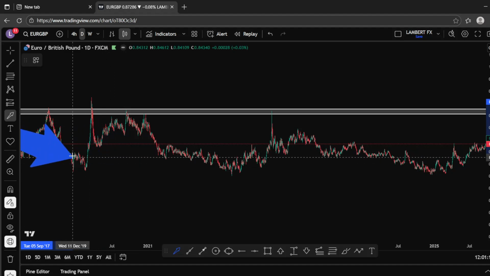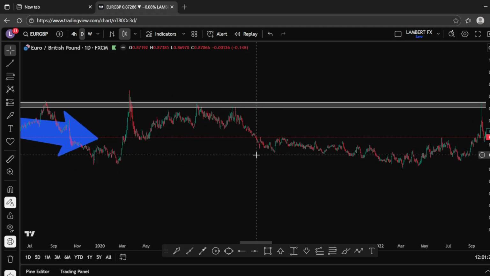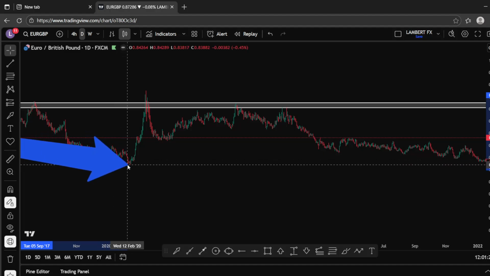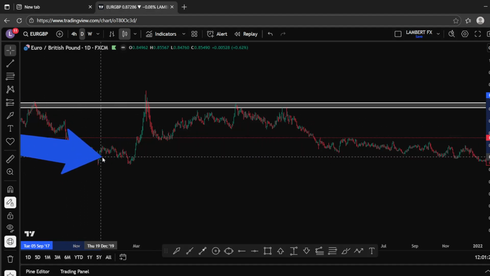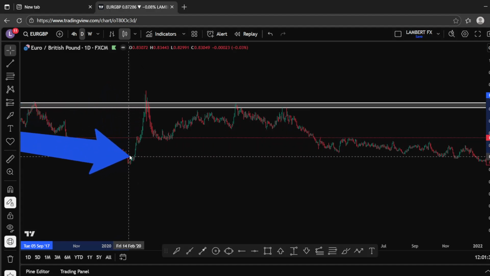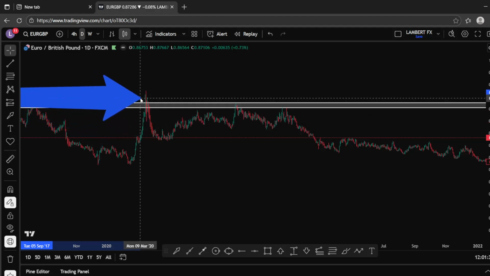Let me zoom the chart out for you. Did you see how, compare this move here and this move to the upside? Can you see how aggressively they come back to take you out?